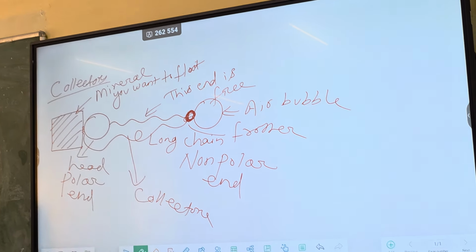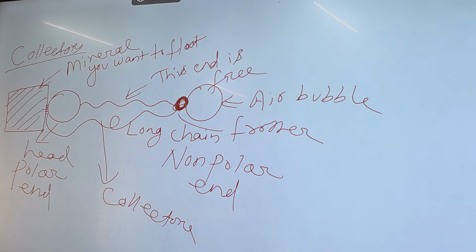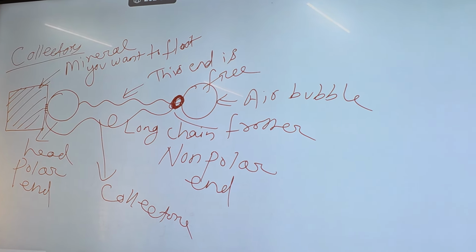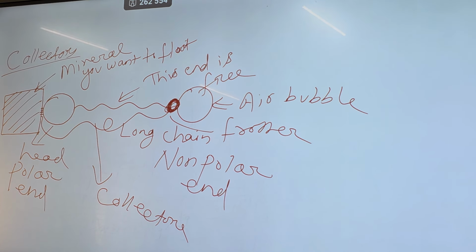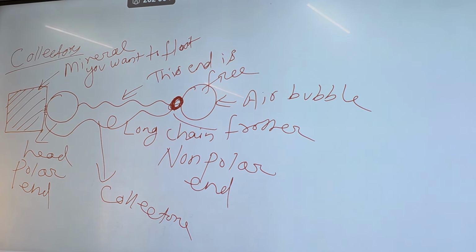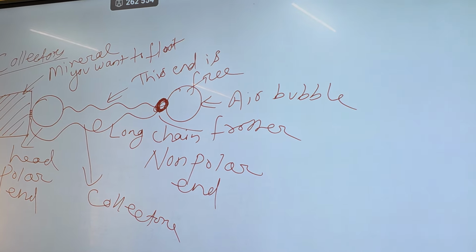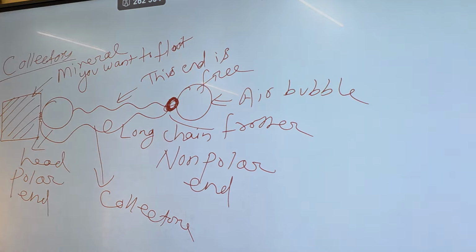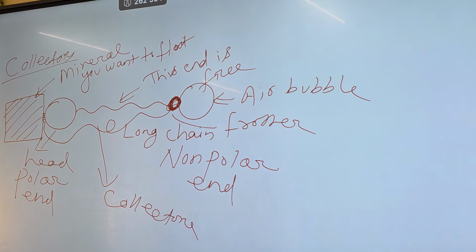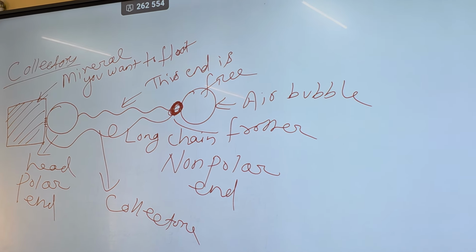So we can write some examples. In the GATE exam, sometimes they ask this kind of question related to collectors and examples. You need to match which collector is what. One example of a collector is oleic acid, basically called tall oil.